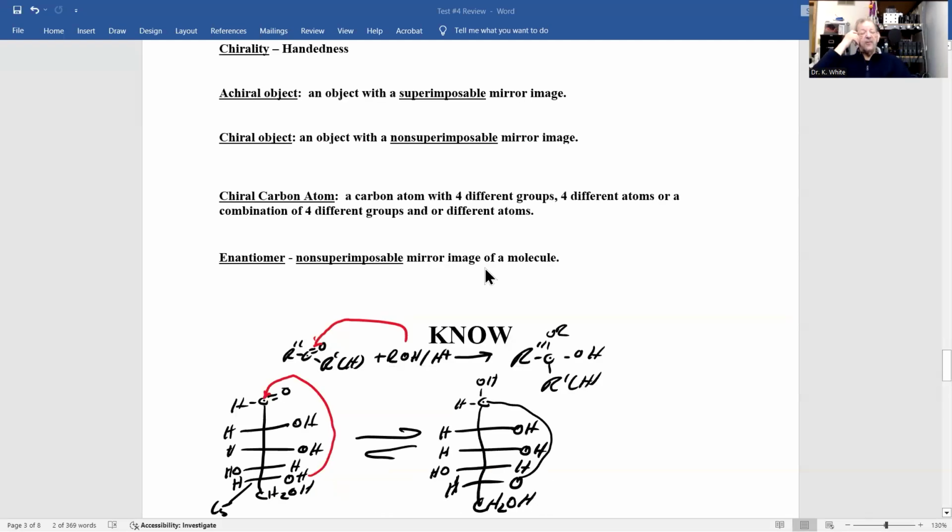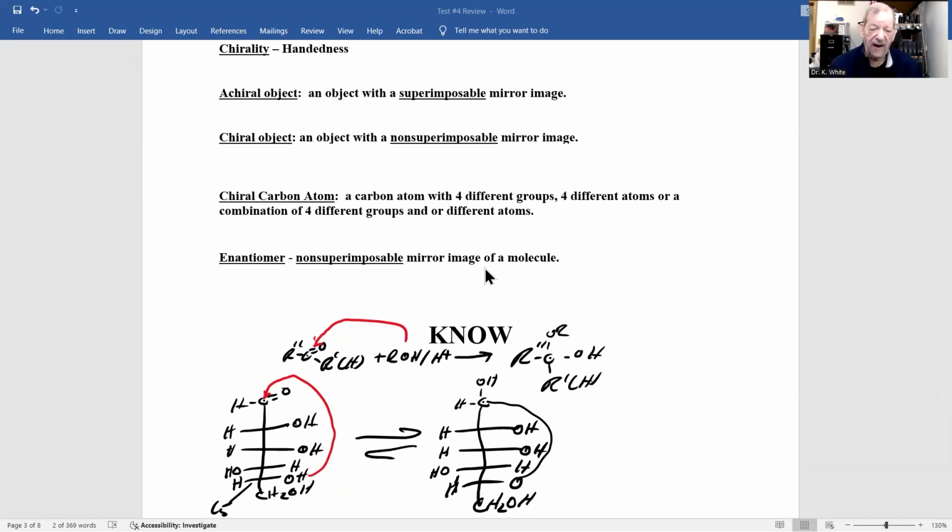Now, when it comes to molecules, it's important to know what is a chiral carbon. A chiral carbon is a carbon with four different groups or four different atoms, or a combination of four different groups or atoms. And that's chiral.